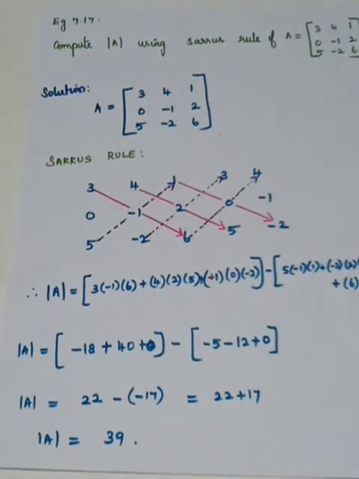What you have to remember is, while expanding by R1, R3, C1 and C3, in these four expansions you have to change the sign of the second element. While expanding by R2 and C2, you have to change the sign of the first and the third element. That is the important result in the Laplace expansion.